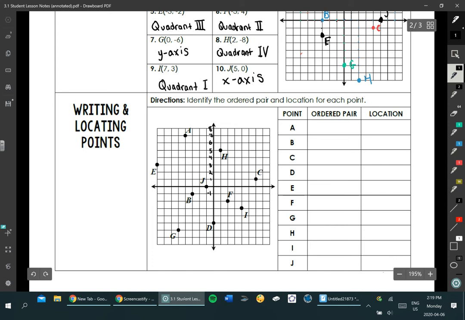I'm going to do that -1, -2, -3, -4, -5, -6, -7. 1, 2, 3, 4, 5, 6, 7, 8. -1, -2, -3, -4, -5, -6, -7, -8, right? So I've done that simply because I know that's going to make my life easier when I'm trying to find the ordered pair, okay? So you are welcome to add those numbers yourself.